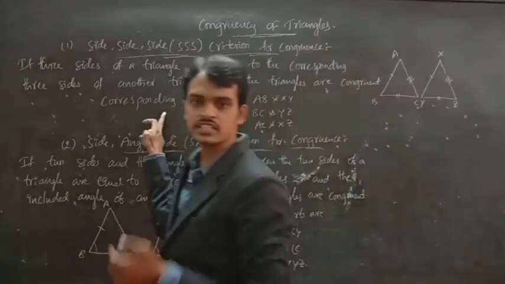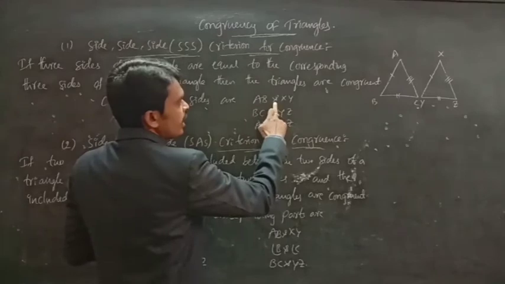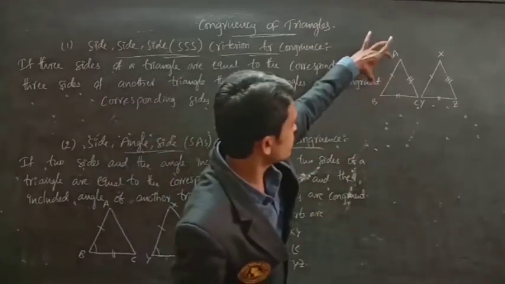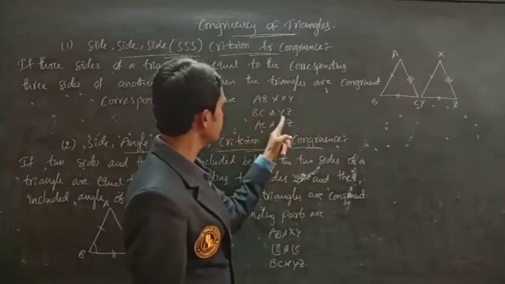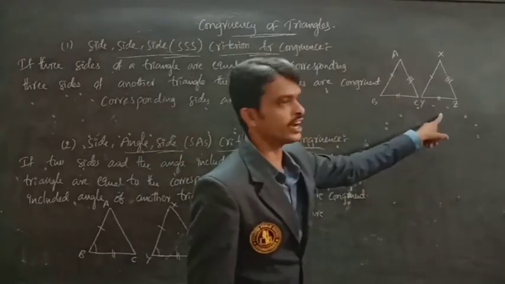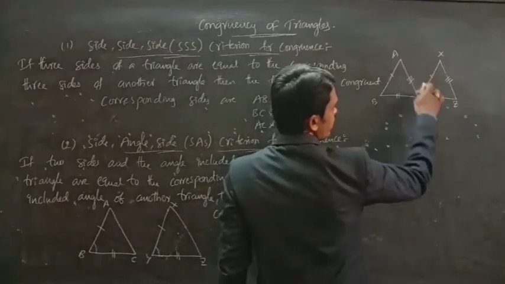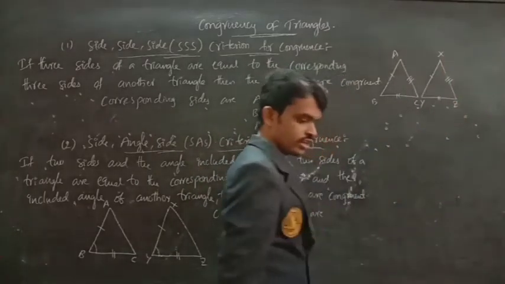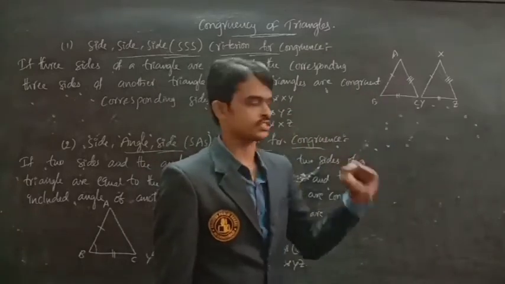Here the corresponding sides are AB and XY, BC and YZ, and AC and XZ.